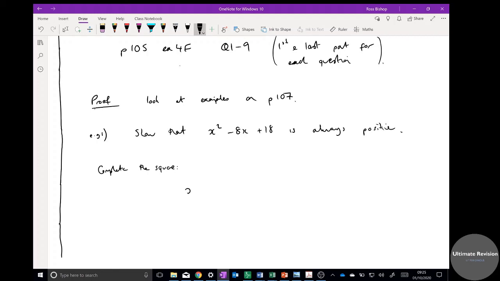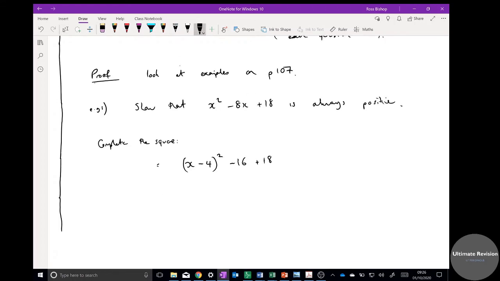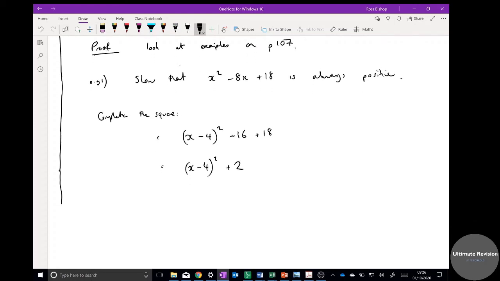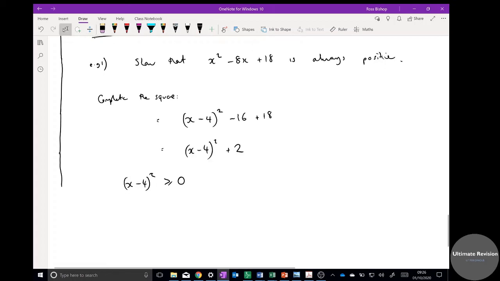So that becomes x minus 4, and we half that squared, minus 16 plus 18. So that becomes x minus 4 squared plus 2. Now anything squared, so x minus 4 squared, has got to be bigger than or equal to 0, because the smallest that can get is 0.